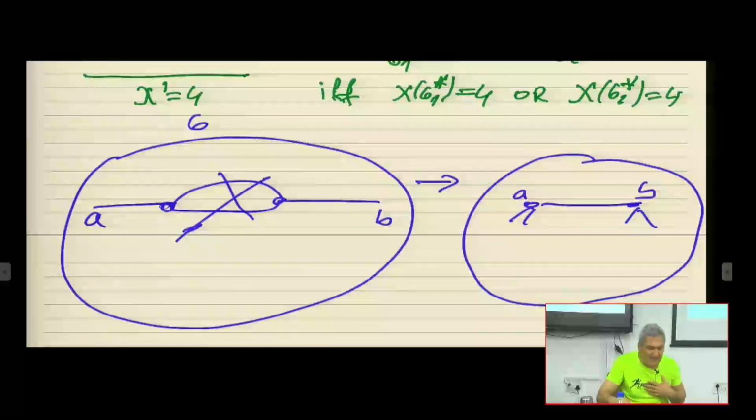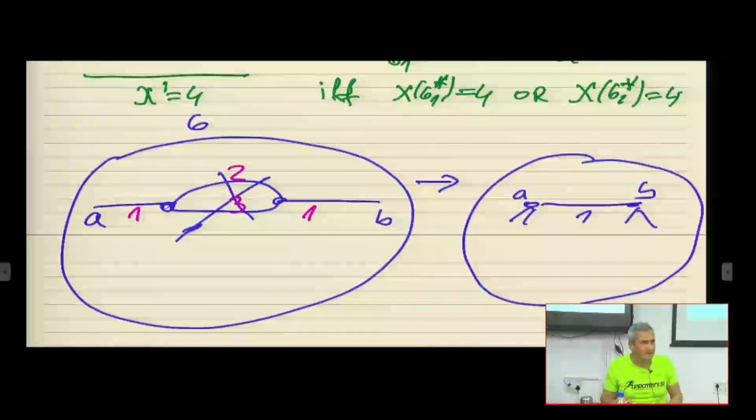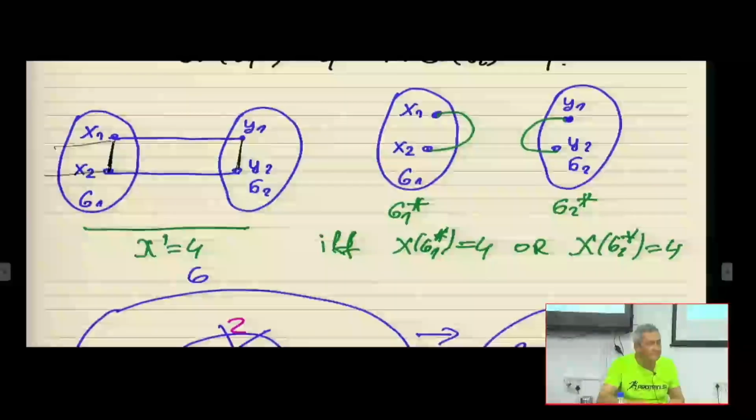Because if the reduced graph is not 3-edge colorable, I color this with color 1, then I put here color 1, color 2, color 3, and I color it. So it can be edge colored, no problem. But in this way, we reduce it.